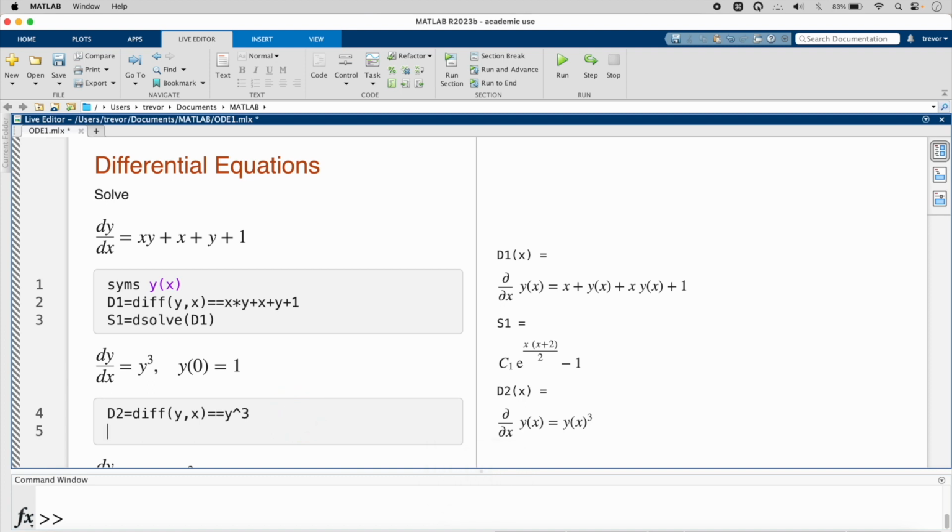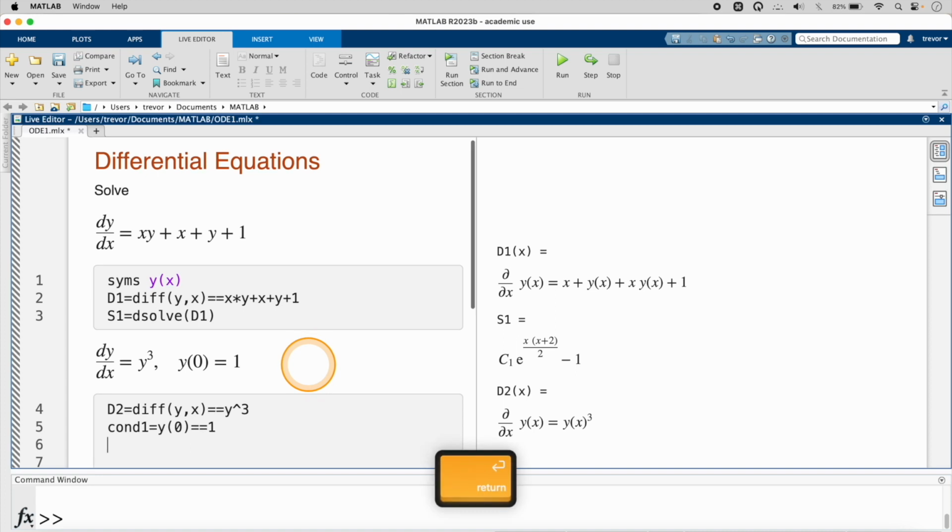Then I'll go on and enter this initial condition. I'll call it cont 1 is equal to y, open parenthesis, at 0. Then that equation, we define it by double equal signs, is equal to 1. I press the return key. Then now go on and solve our solution.